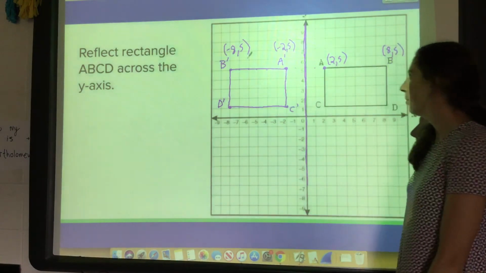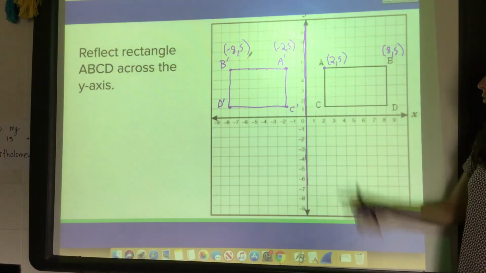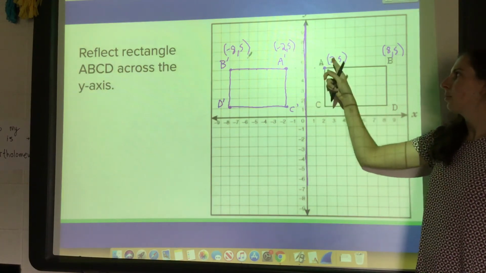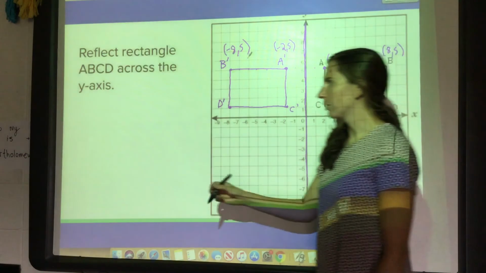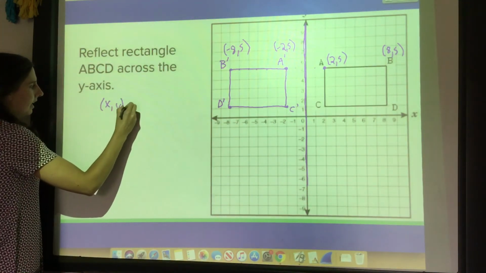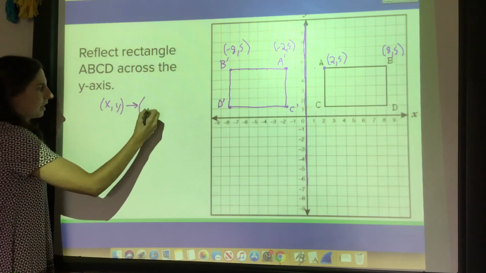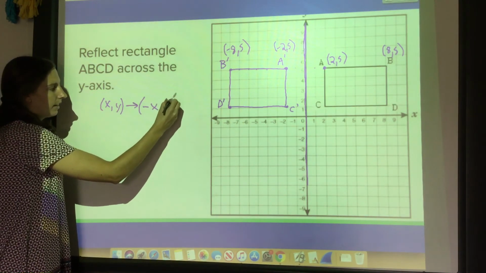So like what's happening from the pre-image to the image? You probably notice the y value stays the same, but the x value turned negative. So that's what we're going to write for our rule. You would take any generic point, x, y, and transform it by making the x value negative and leaving the y the same.